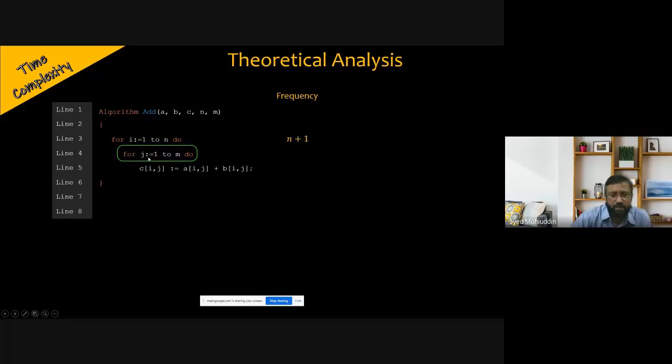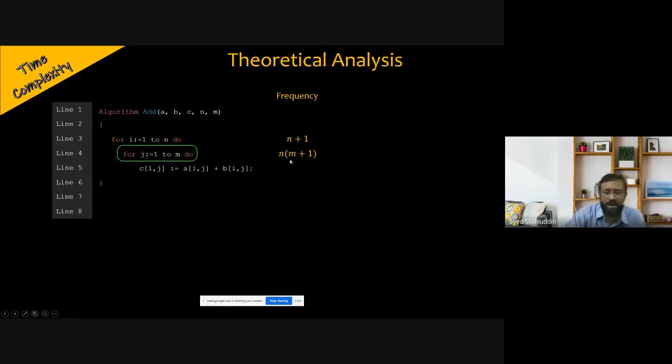Then the next for loop executes for 1 to m times. But since this is part of the nested for loop of i from 1 to n, the jth for loop is executing for m plus 1 times, and since it is in a nested for loop for i, we have to multiply that with n.